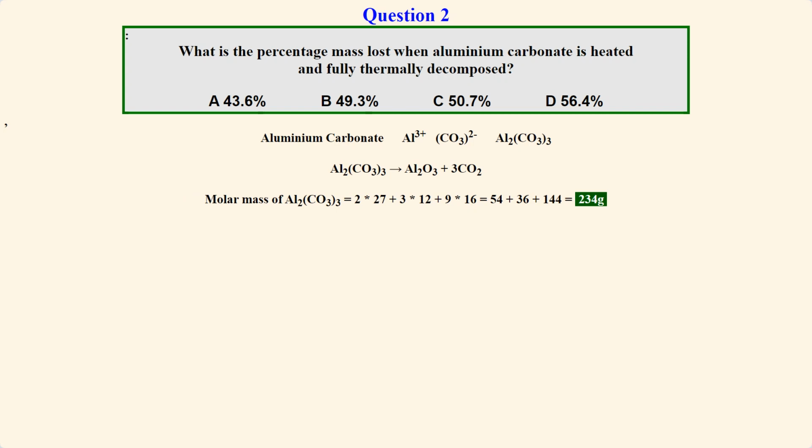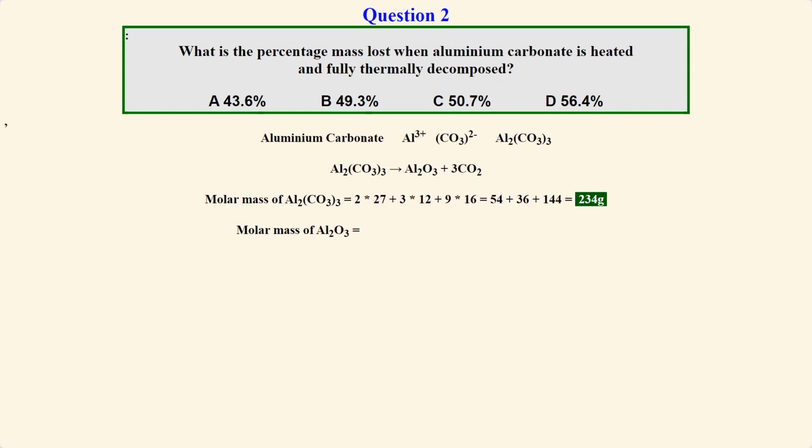So if we decompose 1 mole of Al2(CO3)3, aluminium carbonate, that's 234 grams that we're decomposing. What do we get? Well, it's the molar mass of Al2O3.